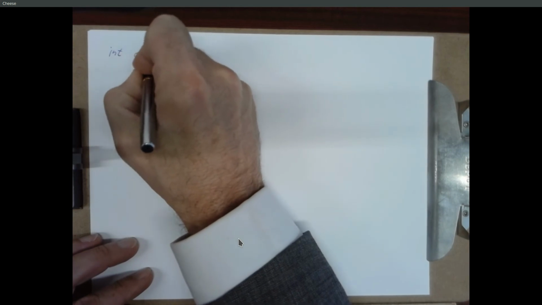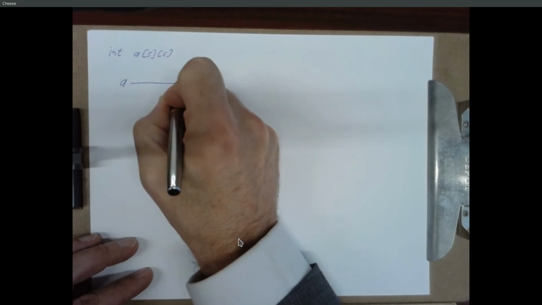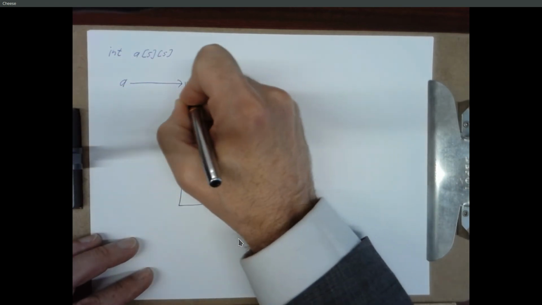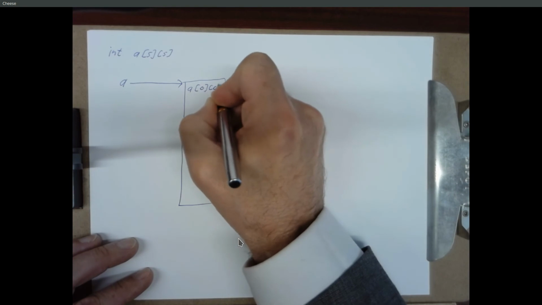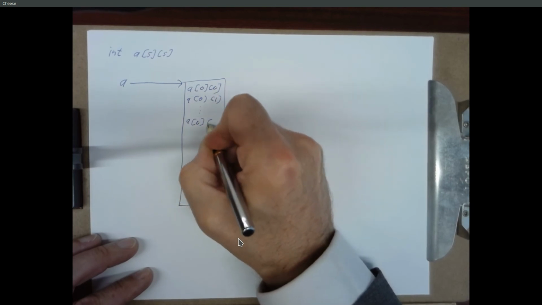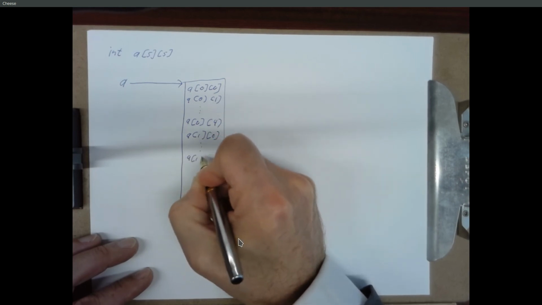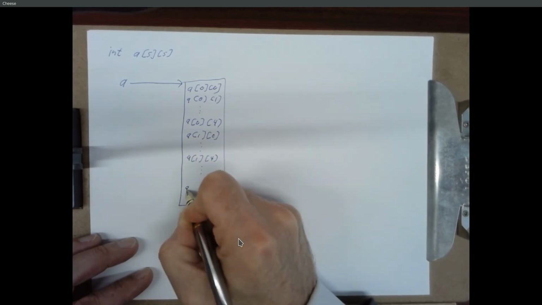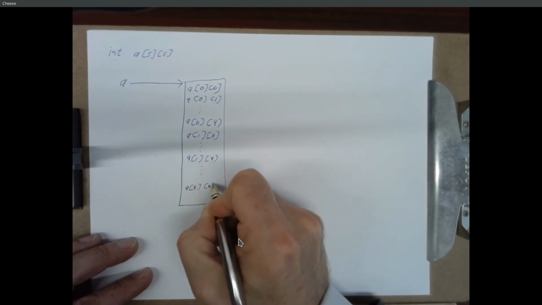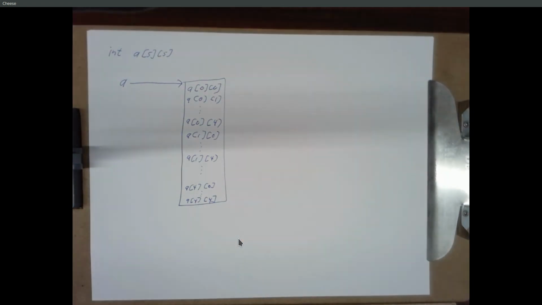When I say integer a[5][5], A is pointing to somewhere in memory, and at that location I find the 25 elements of this A array sitting in memory, one right after another. 4 bytes each, 100 bytes total.